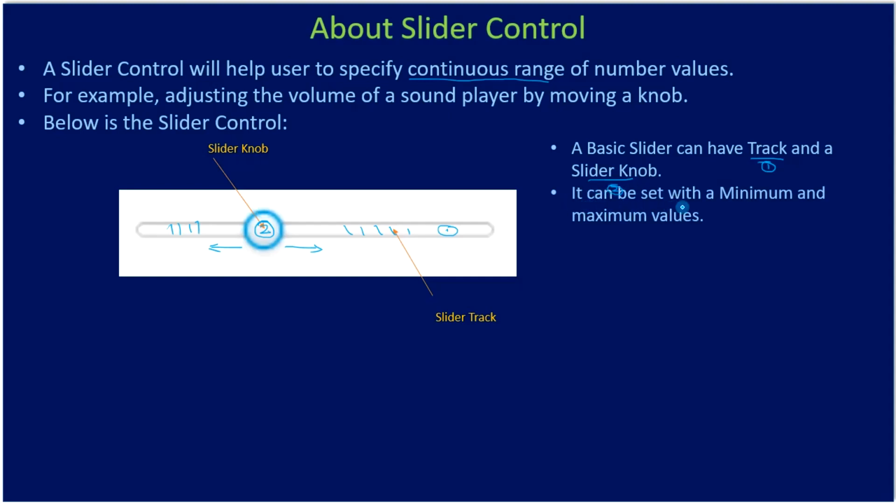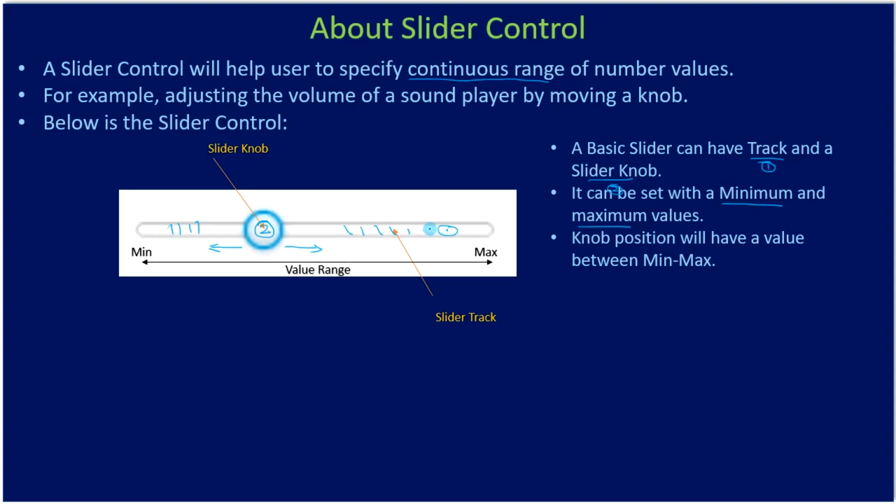So the slider can be set with minimum and maximum values. Here for visual representation, the minimum you can set here and the maximum value you can set towards the right. Knob position will have a value between minimum and maximum.